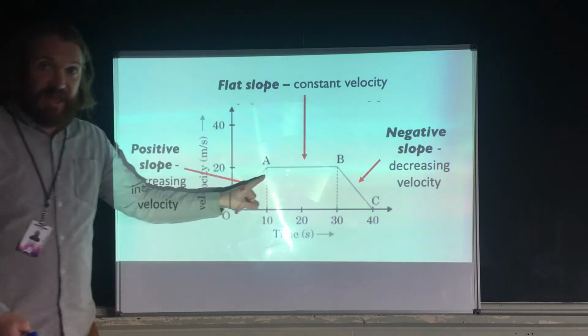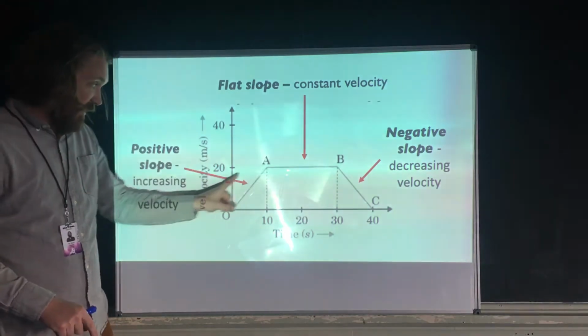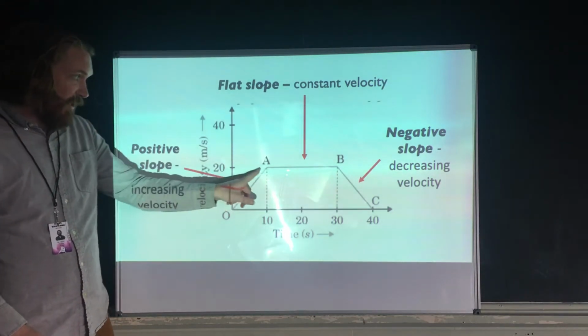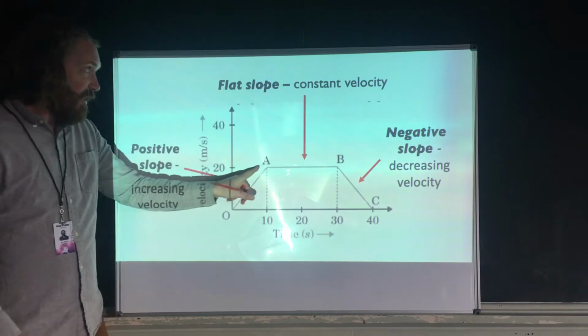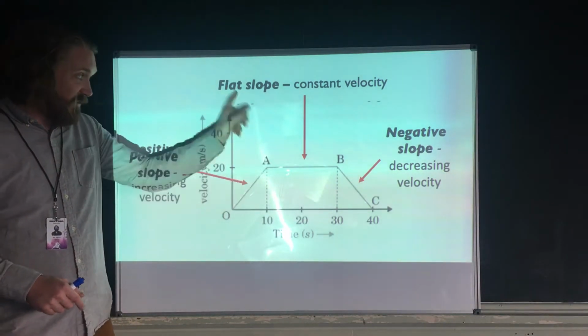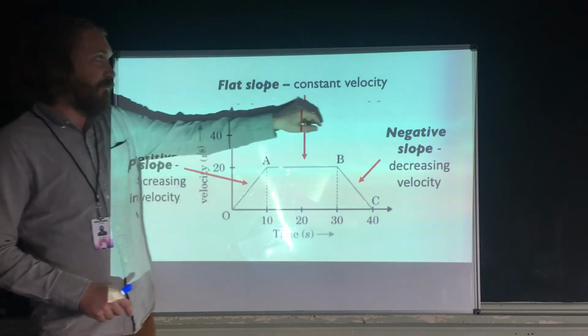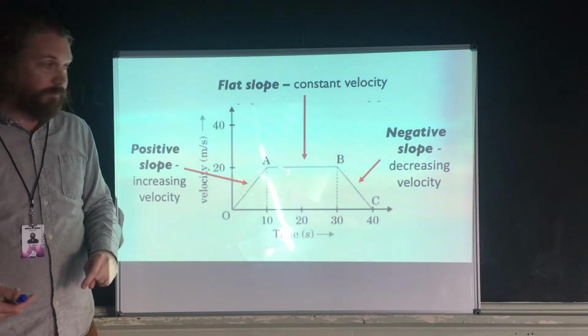Here, the line is flat. This is not 0 velocity. This is 20 meters per second. In fact, from A to B, this is when the object is moving the fastest. This one is when its velocity is the highest, right? It's the highest up. A flat line on a velocity graph means that we have a constant velocity, okay?